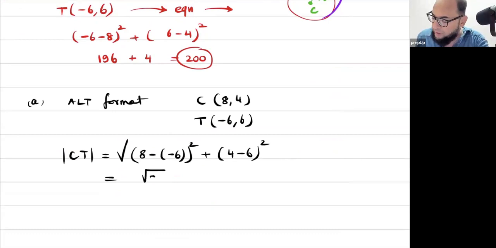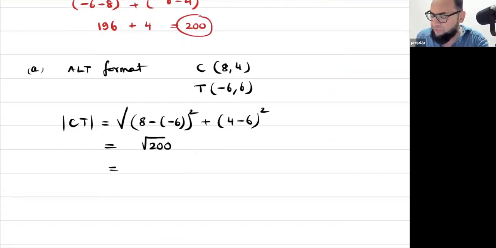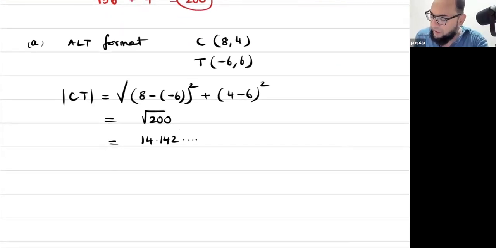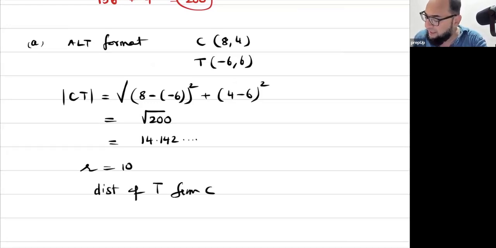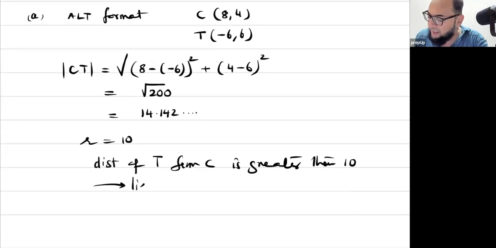That is the square root of 200, which is 14.142, something like that. We know that the radius is 10. That means the distance of T from center C is greater than 10. That means it lies outside of the circle.